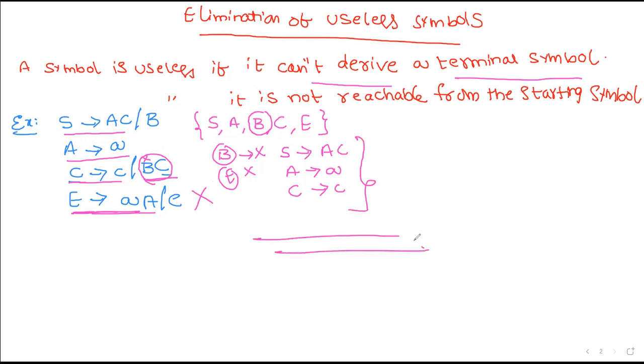What is the procedure? Simply, if it does not provide any terminal symbol or it is not reachable from the starting symbol, we can remove that particular one. Now, I will explain the same grammar.